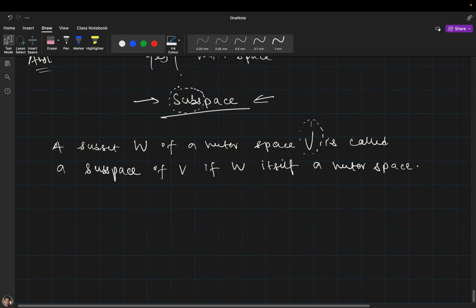The thing is, if you have a vector space V, it doesn't mean that if you take some subset from that, that subset will always be a vector space. But if it is a vector space, then that subset is called what? Subspace. It's fine? Yes, sir.